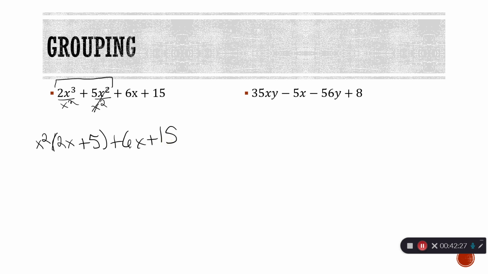So now I gotta pull something out that's gonna make this match 2x plus 5. So what can I pull out? Well, to get 2x to match 6x, I gotta pull out 3. I pull out 3 here, and I'll get my 5. So that's perfect. We're gonna divide them both by 3.